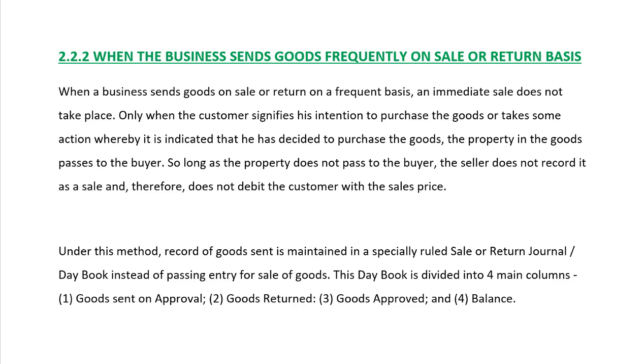Only when the customer signifies his intention to purchase the goods or takes some action whereby it is indicated that he has decided to purchase the goods, the property in the goods passes to the buyer. So long as the property does not pass to the buyer, the seller does not record it as sale and therefore does not debit the customer with the sale price.